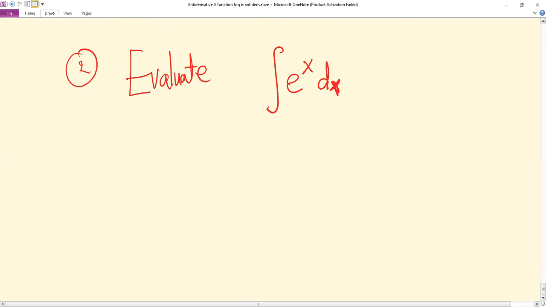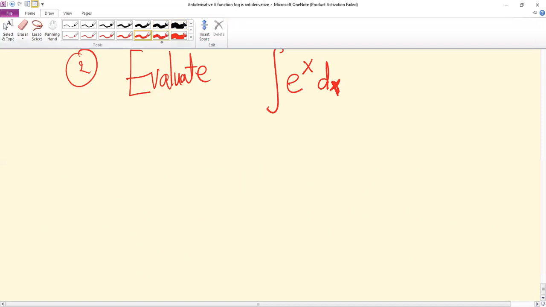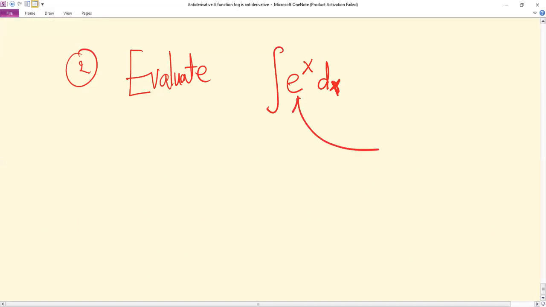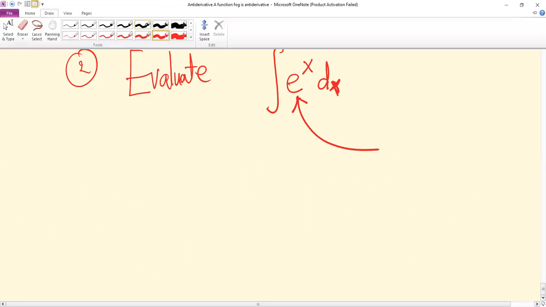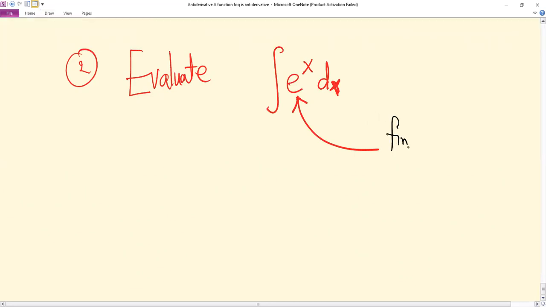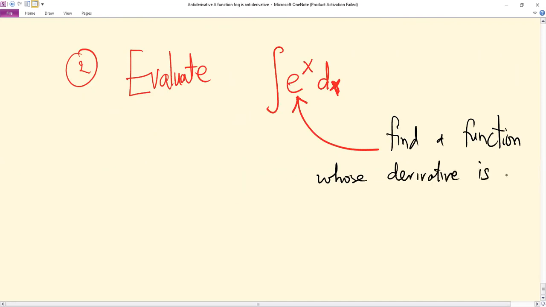This one means that we are being asked to find a function whose derivative is e raised power x.